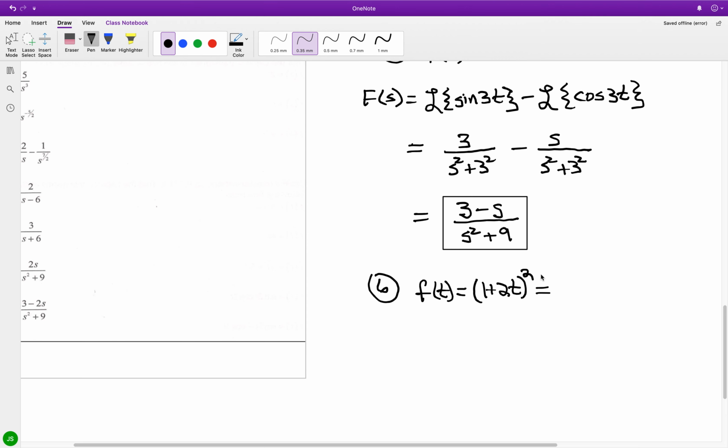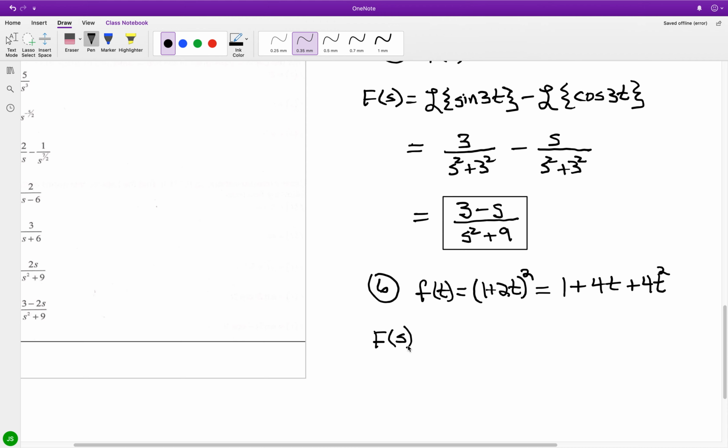In this particular case, I can write this in expanded form. So we have 1 plus 4t plus 4t squared.